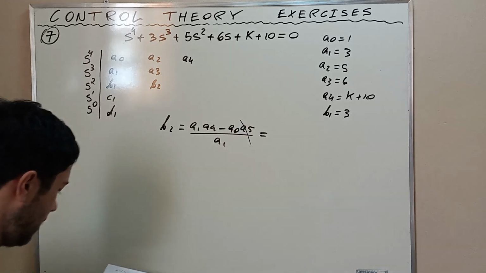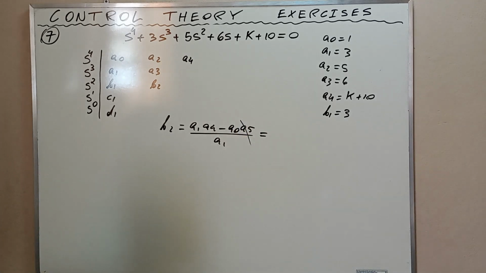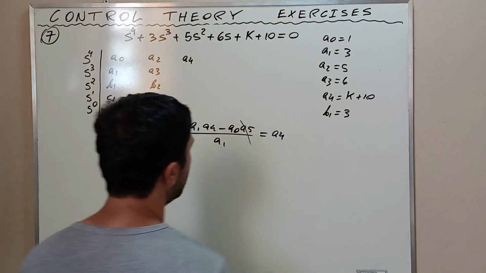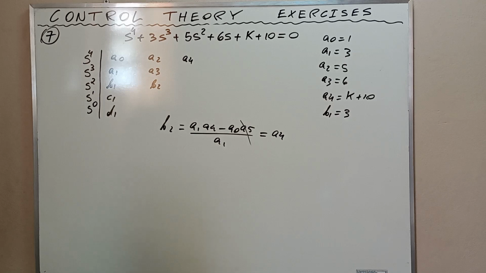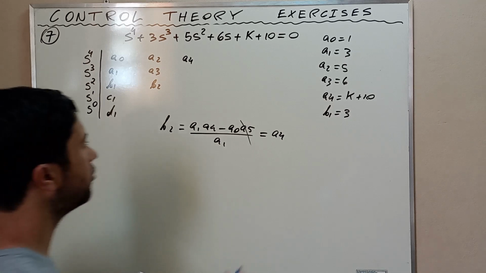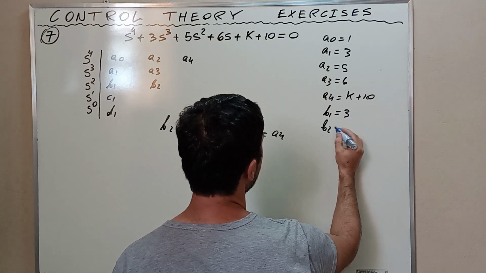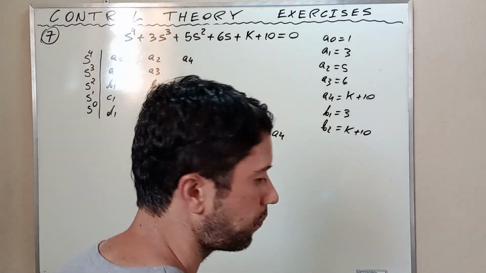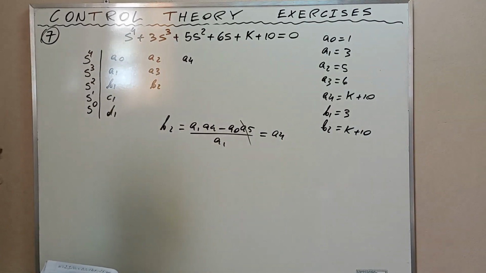Then this term here is 0. Then B2 is equal to A4. And as we know the value of A4, B2 is equal to K plus 10. Alright? We calculated B1, we calculated B2.